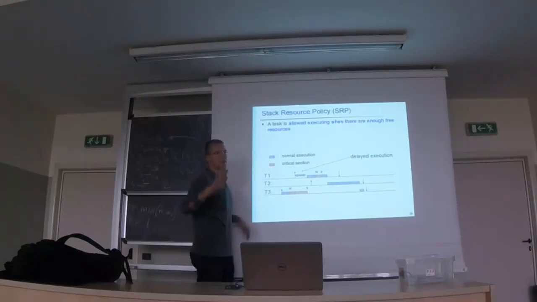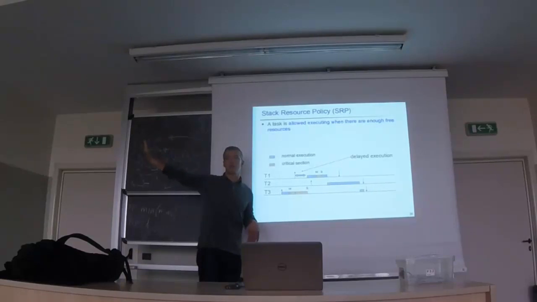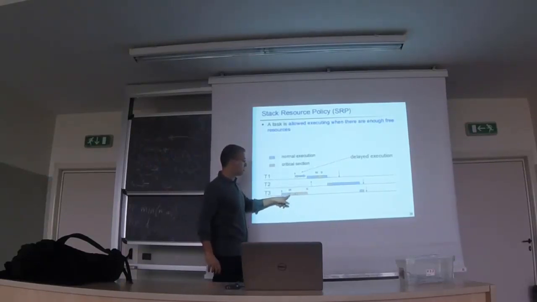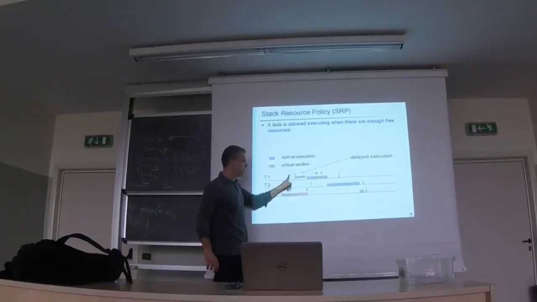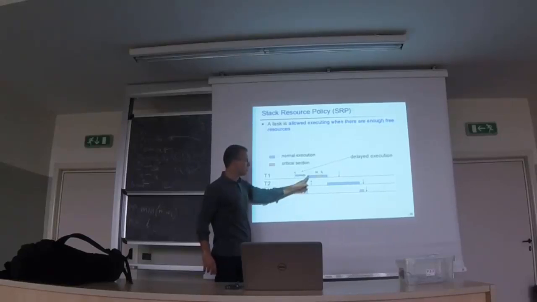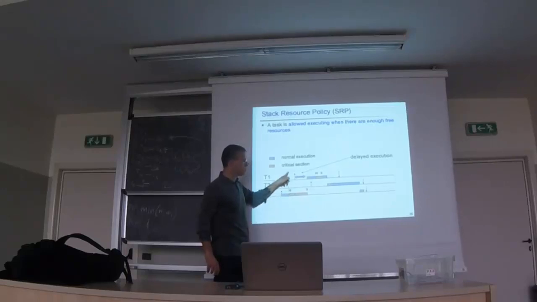It's essentially the same thing that happens with the highest locker priority in a fixed priority setting, where when locking this resource, the priority is artificially raised at the locking moment. Priority is not raised when the blocking is in place; it is raised as soon as I perform the lock.